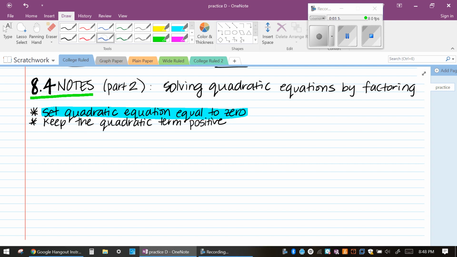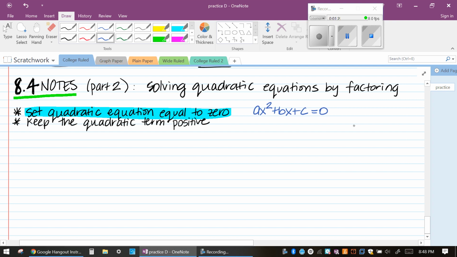For example, if you have a quadratic, a linear term, and a constant term, have them on one side and the other side be 0. You can also have the 0 on the left side, and then your quadratic terms, linear terms, and constant terms on the right. My suggestion, though, is to always make sure your quadratic term is positive.